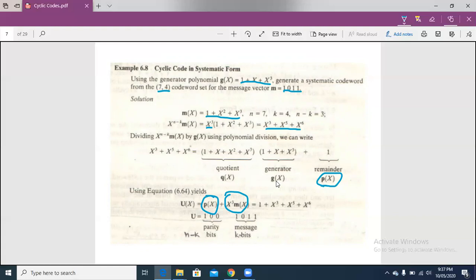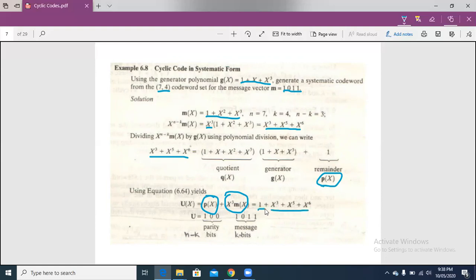So if you see here, this one is added, and this will be added to x3 plus x5 plus x6, which is the shifted version of the message.